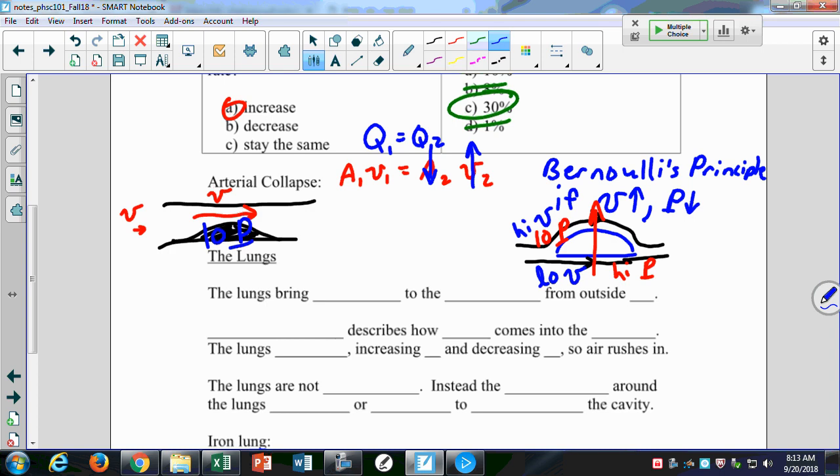Pascal's principle. No, because remember, Pascal's principle is only for liquids. It's only for incompressible things, and this is a compressible thing. So you have to be careful with various principles. Pascal is only for liquids: water, hydraulic fluids, oil.